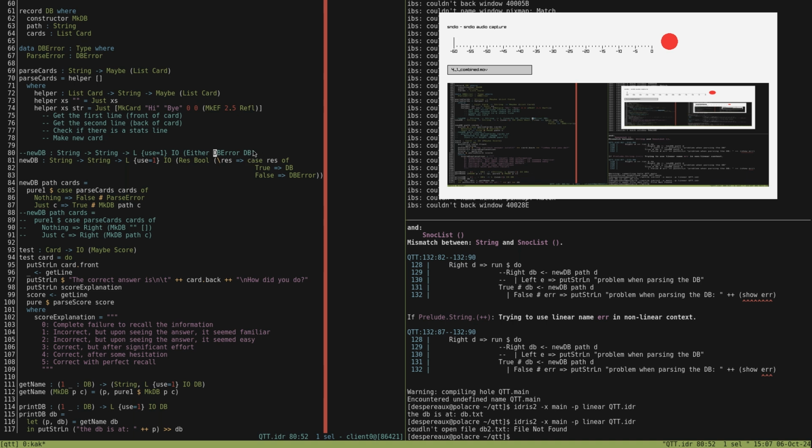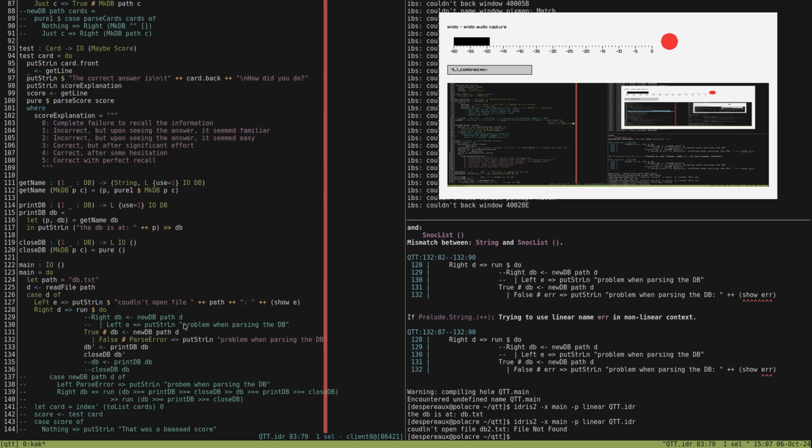That's quite a big foot gun, in my opinion. And I guess the way that you get around that is by using this res type, which is dependent. So you don't pattern match. Actually, you do. Why doesn't this erase the linearity?